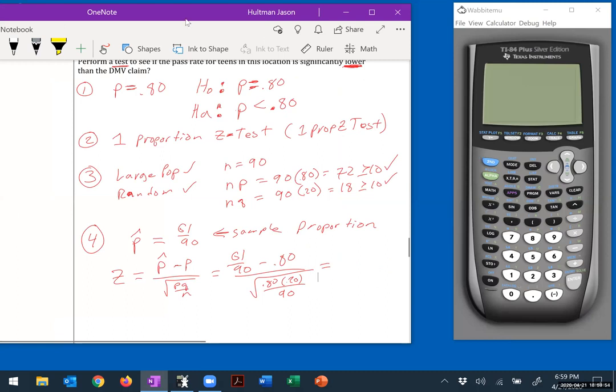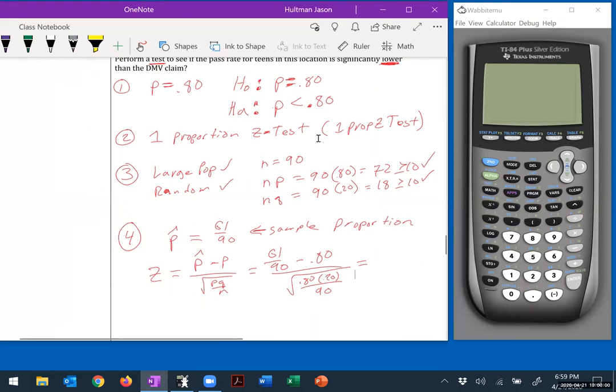Okay, so I'm going to do parentheses, 61 divided by 90 minus 0.80.